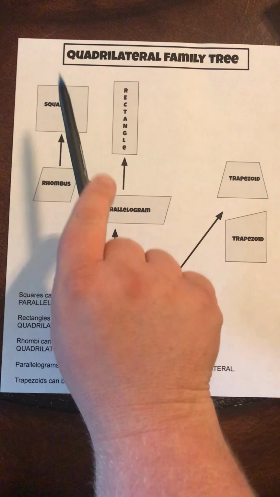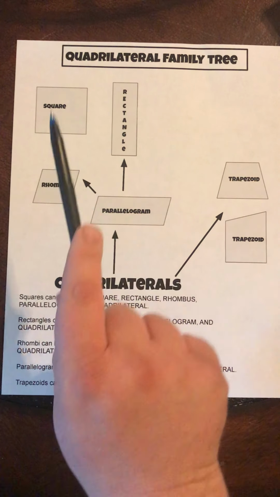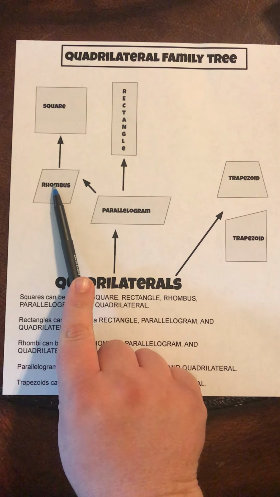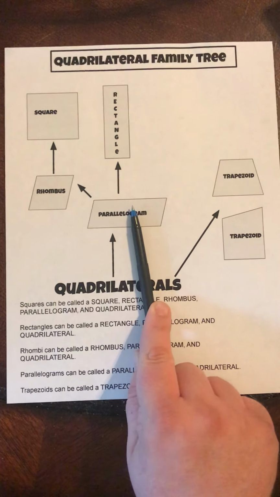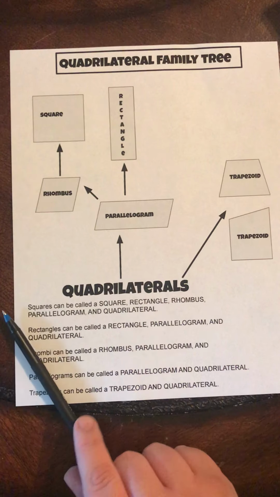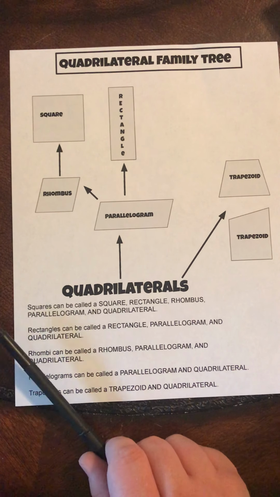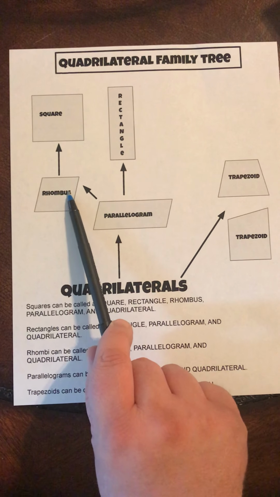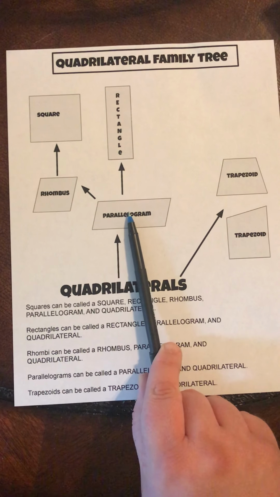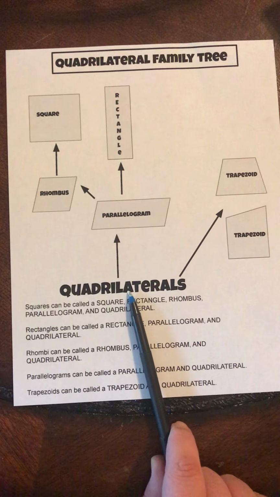Squares. I can call a square a rhombus. I can call it a rectangle. I can call it a parallelogram. And I can call it a quadrilateral. Got it? Next one, rhombus. I can call a rhombus a parallelogram and quadrilateral.